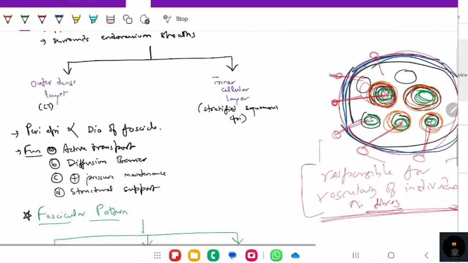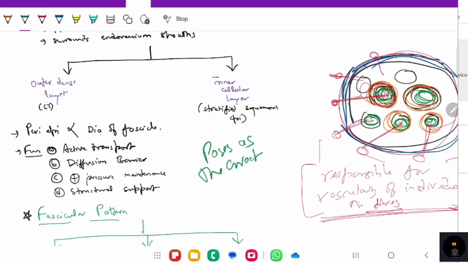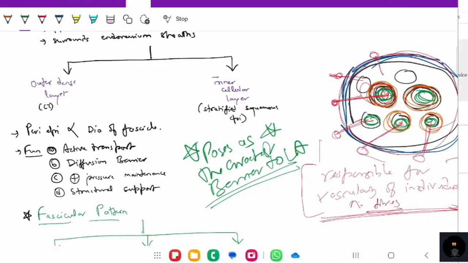Because perineurium poses as the greatest barrier to LA. This is a very important bio question. This is a very important MCQ. This is a very important question for postgraduate level as well. Whenever we present seminars or JCs, which layer prevents LA entry the most? It is perineurium.